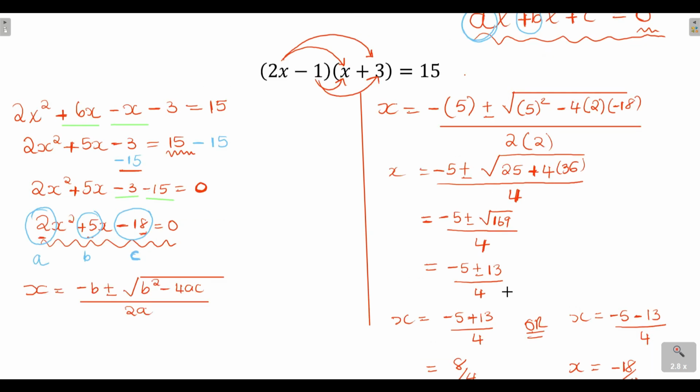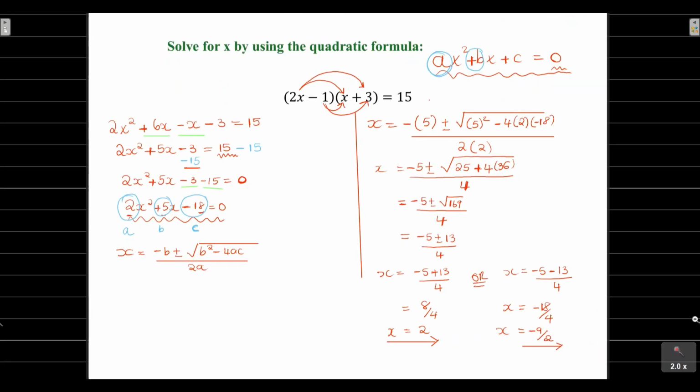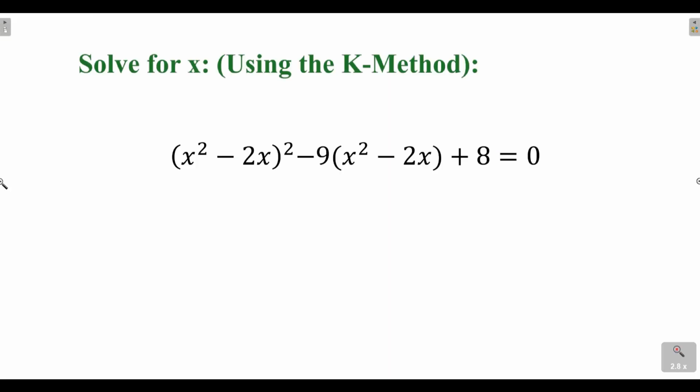So this was a nice question. I hope you guys enjoyed it. In the next video tutorial, I'm going to be introducing you to solving for x using the K method. This is a nice method that you can use especially when you're given complex equations like this. The K method simplifies your life.